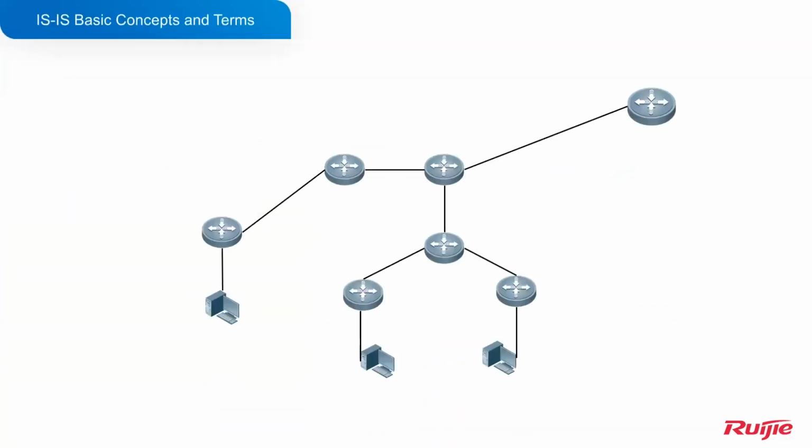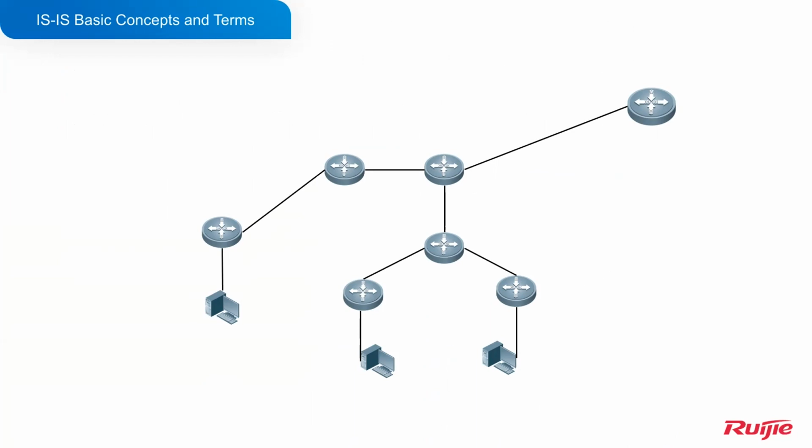Then let's look at some basic concepts of ISIS. ISIS is used for network devices to get more routing information, right? Maybe in your network you have lots of routers like here, connected with lots of terminals.